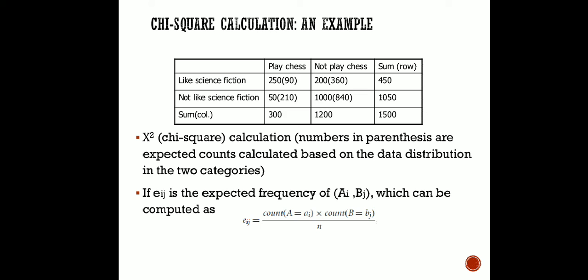We are given only the actual outcome, and we have to calculate the expected outcome. So how is the expected outcome calculated?